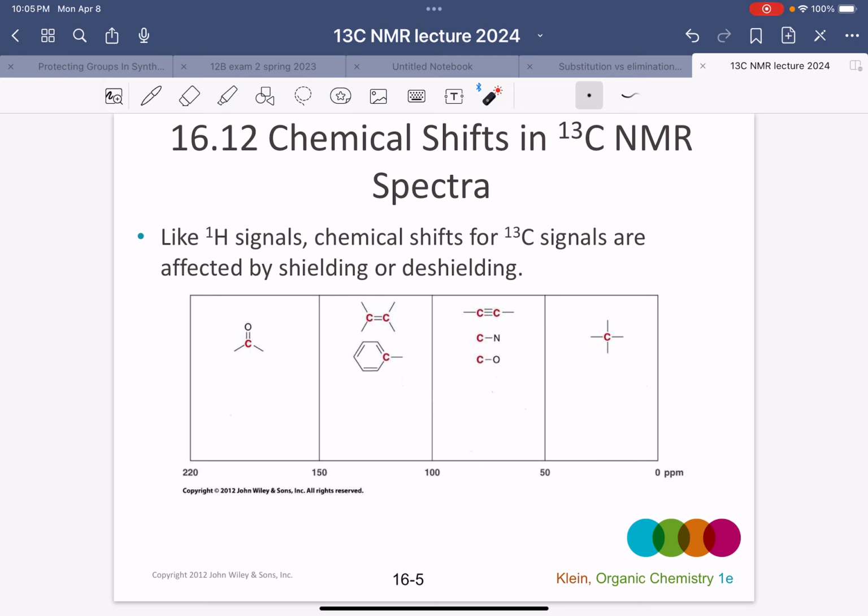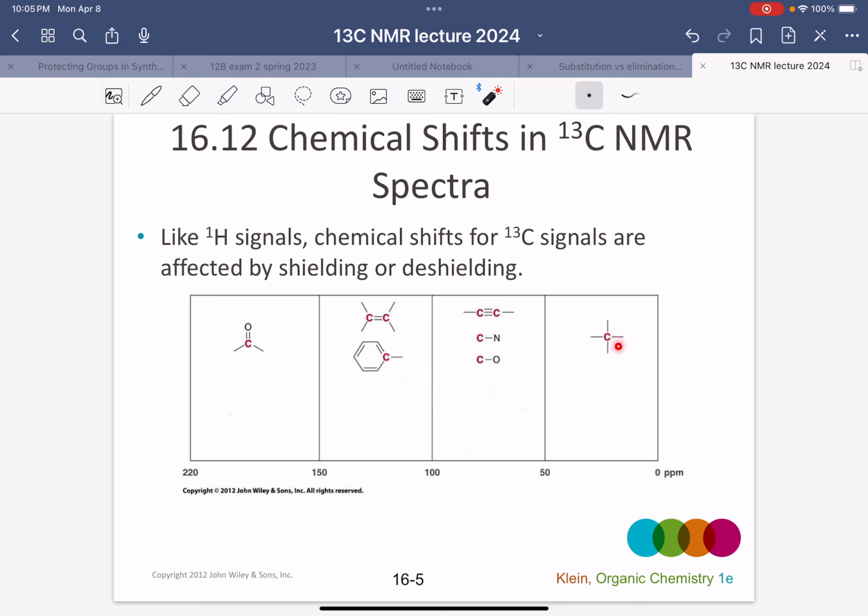So for example, carbonyl carbons will be somewhere in the 180 to 220 region. Double bonded carbons, sp2 carbons, whether they are aromatic or alkenes, will be in the 100 to 150 region. Triple bonded carbons, and carbons bonded to something electronegative, such as nitrogen, oxygen, or a halogen, will be in the 50 to 100 region.